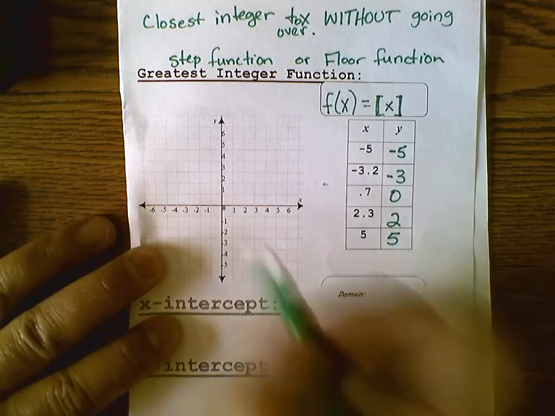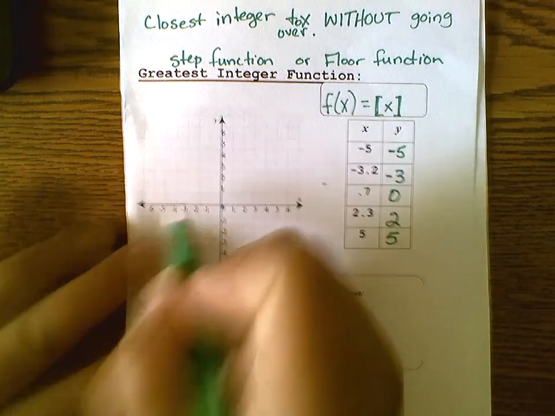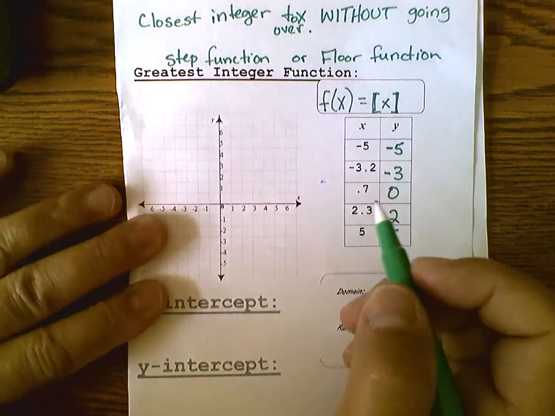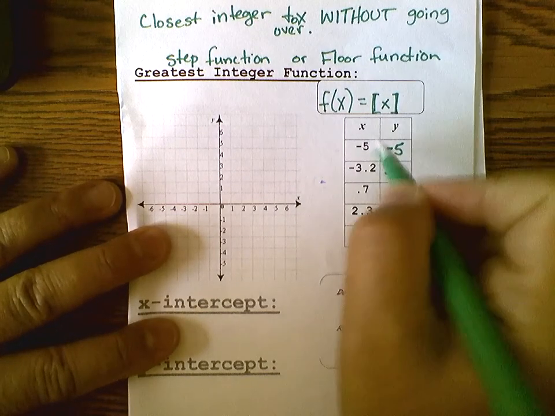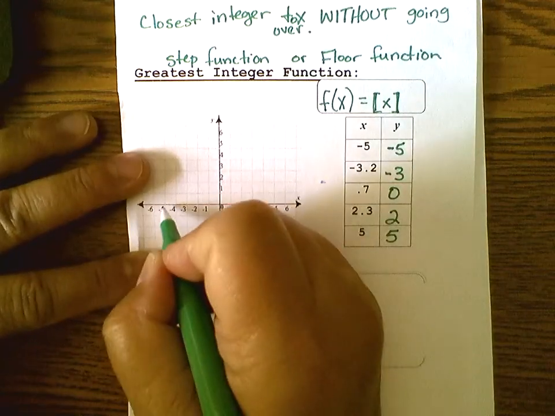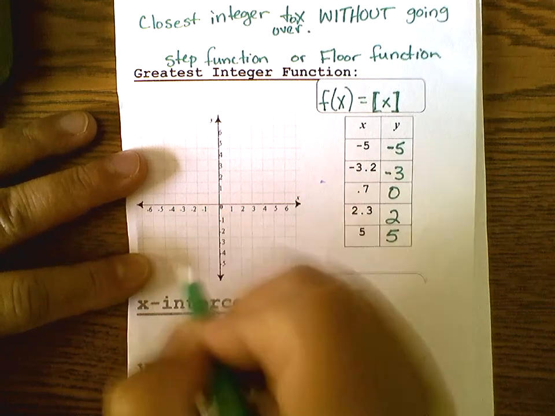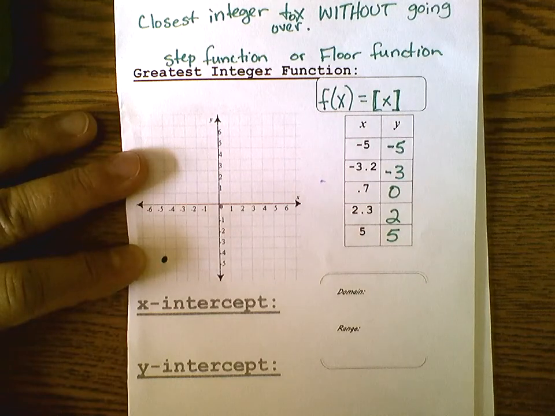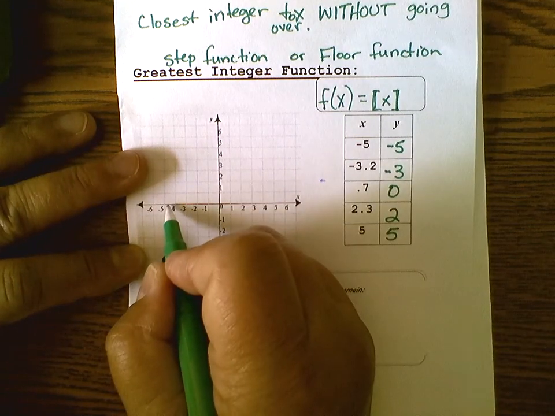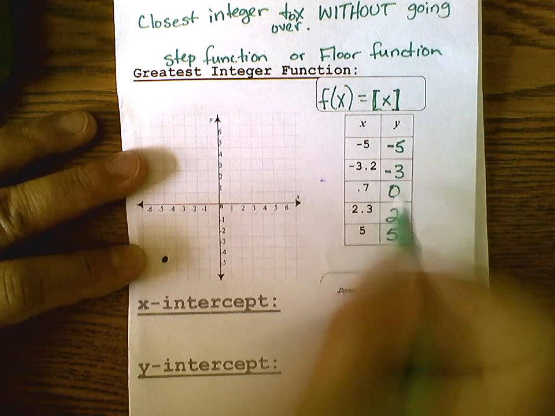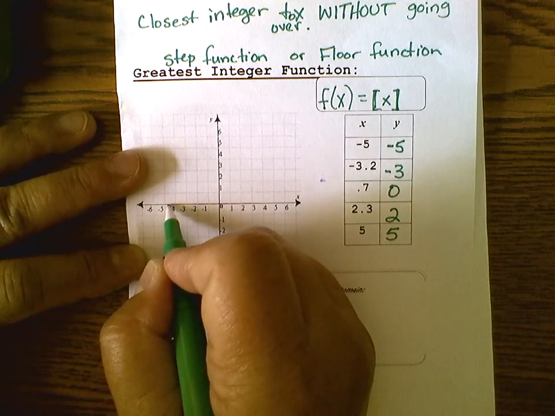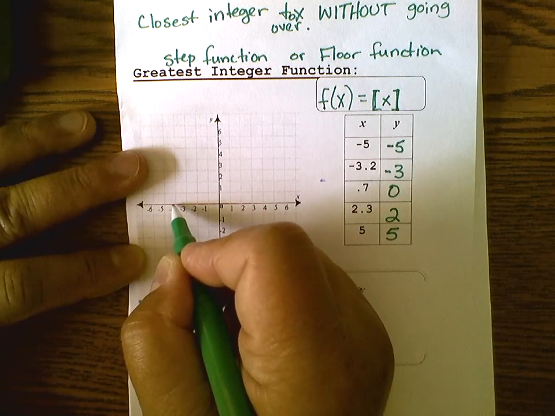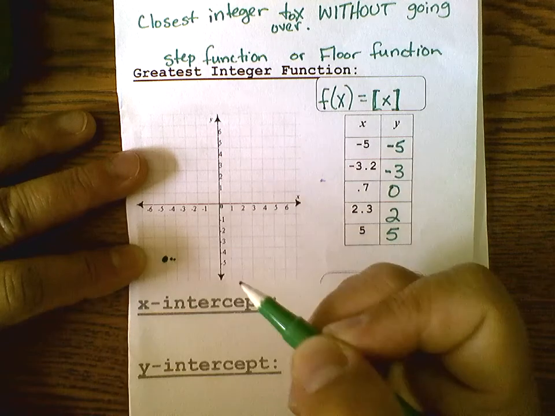So what does this look like? Graphing is a little strange also. So let's just go here with the -5. So when x is -5, the greatest integer is itself, -5. If I go to -4.5, we're still using -5. If I go to -4.25, we're still using -5.